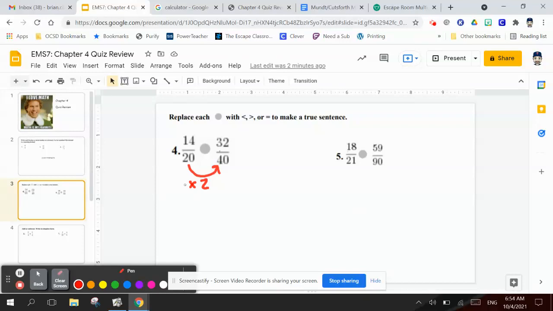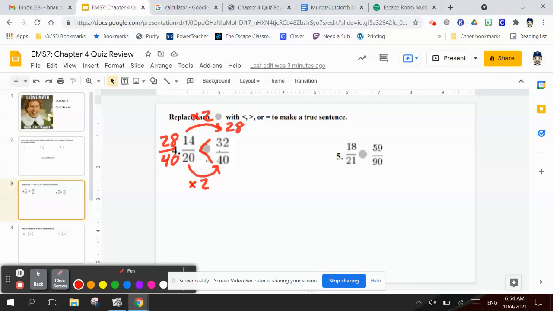So what I'm going to do is multiply 14 times 2 and see if I get 32. So 14 times 2 is actually 28. So 14/20 is the same as 28/40. And I know that 28 is less than 32.